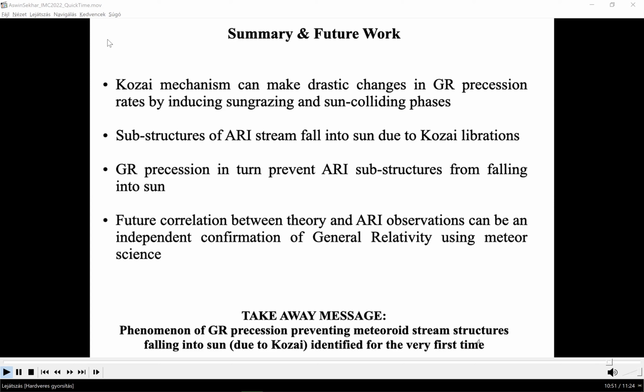So the takeaway message is the phenomenon of GR precession preventing meteoroid stream structures from falling into the sun has been identified for the very first time. And overall, it would be interesting in future to have the theory and observations coming together, giving an independent confirmation of GR from the context of meteor science. Thank you.